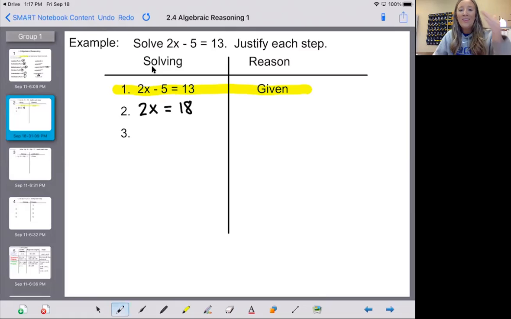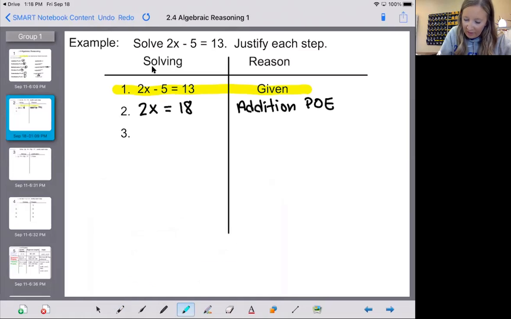The line of what it would equal is actually line 2. And so how did we get to line 2? How did we get 2x equals 18? We used the addition property, right? We added to both sides. So basically we're saying 2x equals 18 because we added 5 to both sides. Okay, so my next line, of course, is going to be x equals 9. And why does x equal 9?